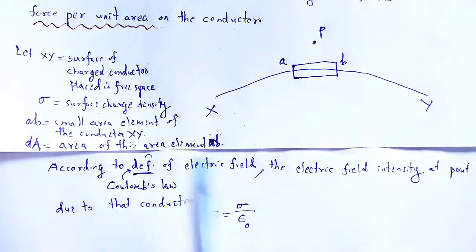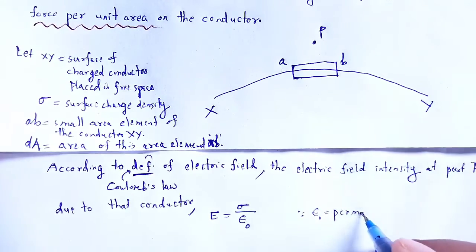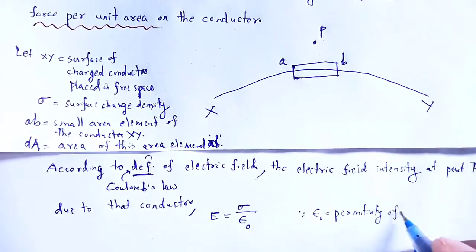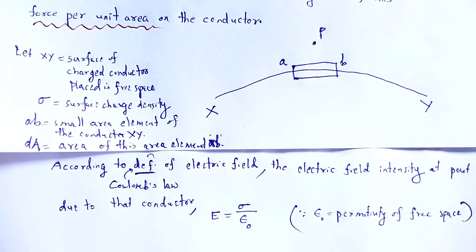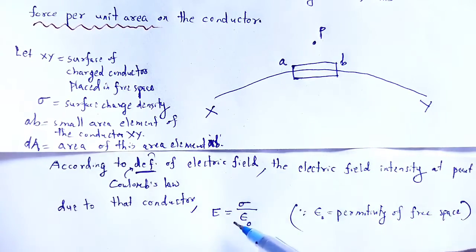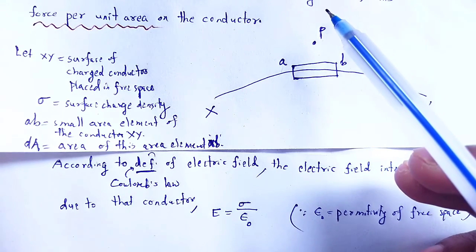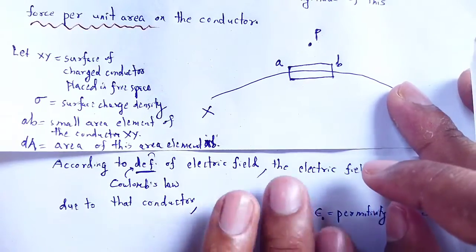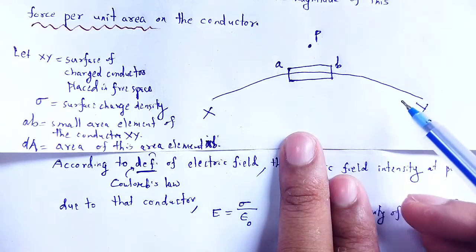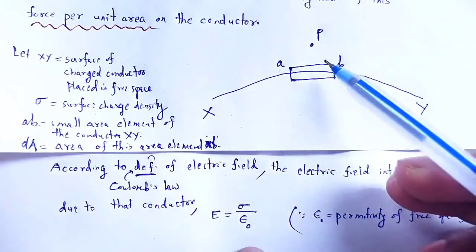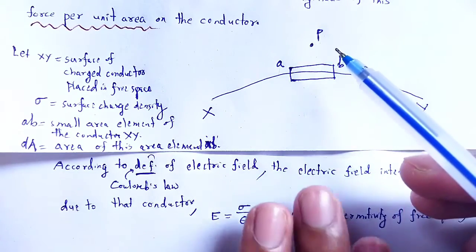Sigma is the surface charge density, epsilon naught is the permittivity of free space, and the direction of the electric field is normal to the surface of the conductor. So the electric field intensity at point P is given as sigma by epsilon naught, directed normal to the surface of the conductor.